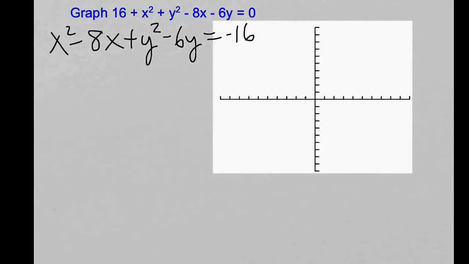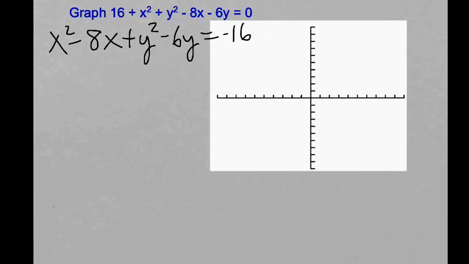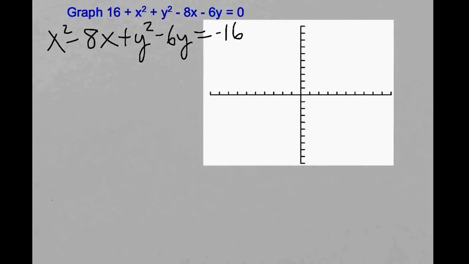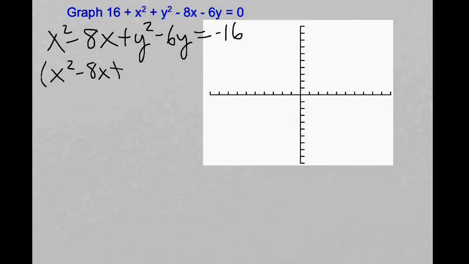Okay, to graph this, first thing we'll need to do is complete the square. I've already put the x's and the y's together and moved the constant to the right-hand side. So we're ready to get started. So we have x squared minus 8x plus half of 8 is 4 squared is 16, plus y squared minus 6y.